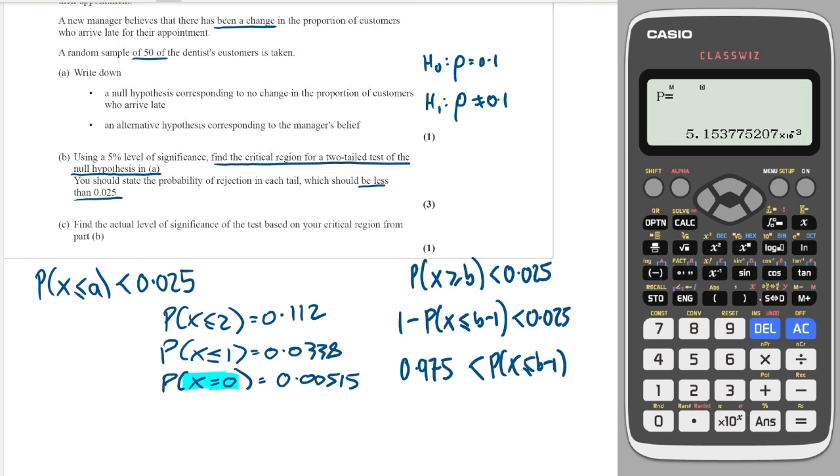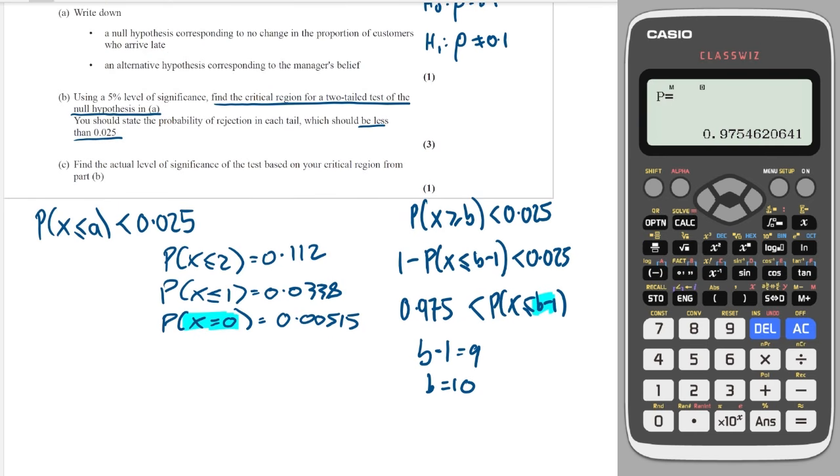So I go to the calculator and I try, for example, 8. That's not big enough. So I try 9, and that is above. So that means that this value in here is 9, which means that b minus 1 equals 9, so b is equal to 10. So my critical region is that x equals 0, union with x is greater than or equal to 10.